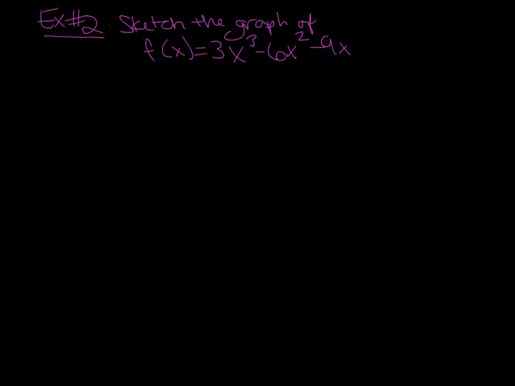So now we're actually going to be sketching a graph. One thing you might notice is that this is the same thing that you had from example number 1. And so you actually already had a few things that will be helpful here.